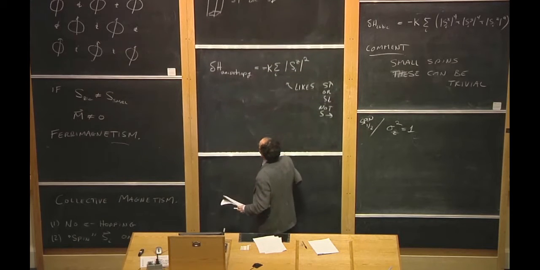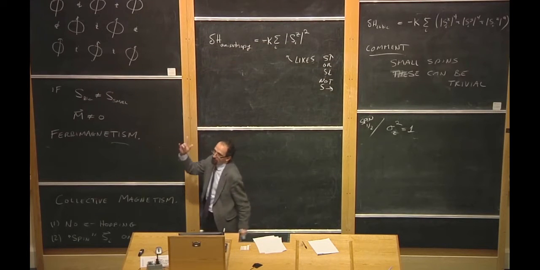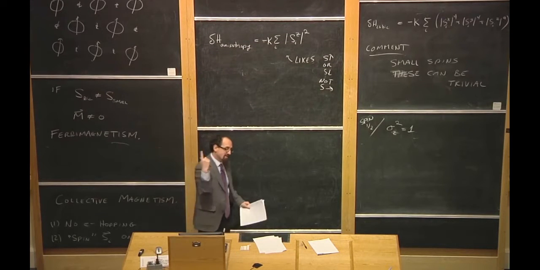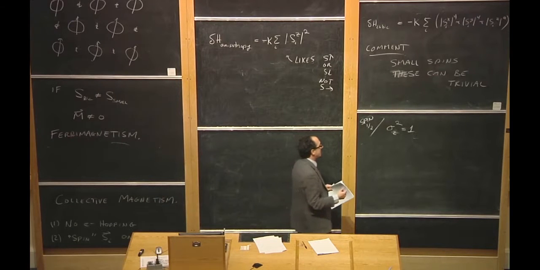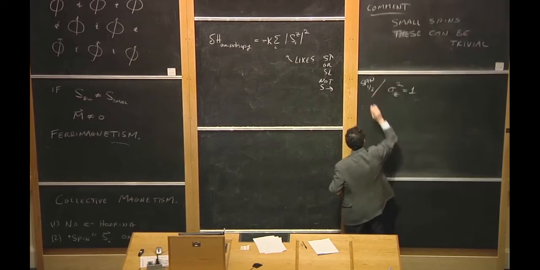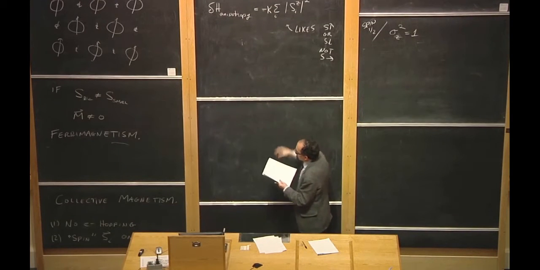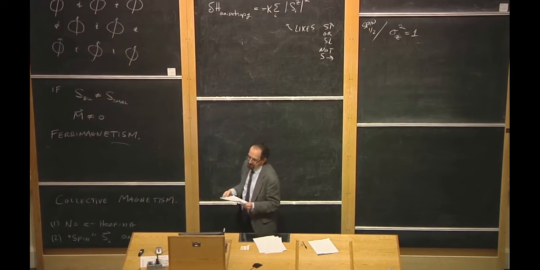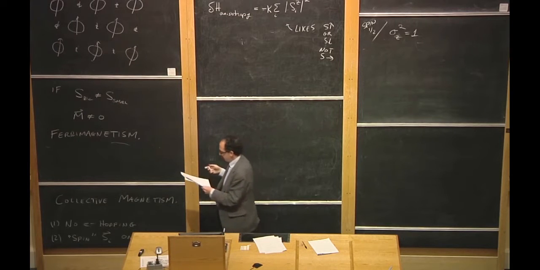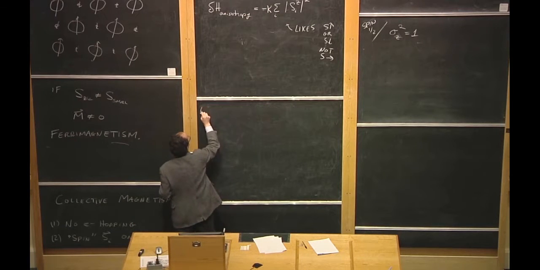So we need to think about this anisotropy, which will prefer the spins to point in some directions over other directions. And we need to think about two possibilities: one is that the anisotropy is strong, and the other is that the anisotropy is weak. Maybe I'll write down the weak case over here.